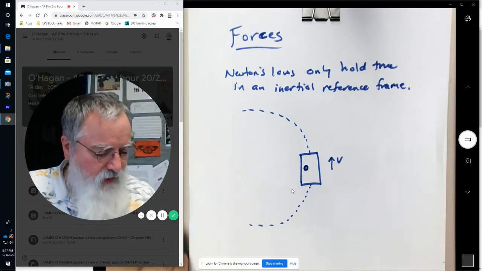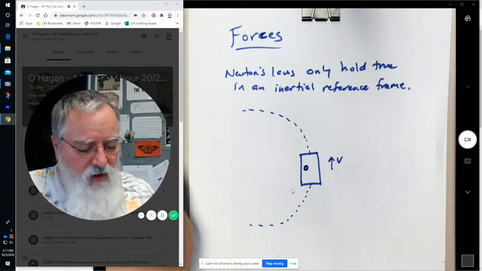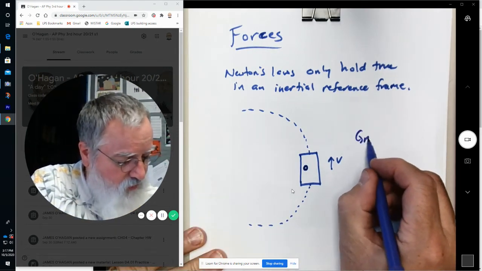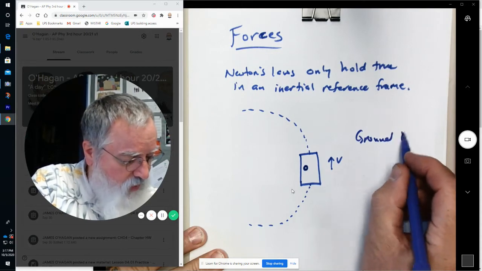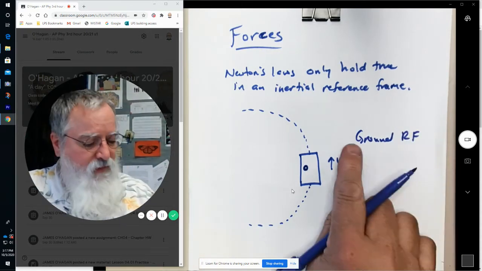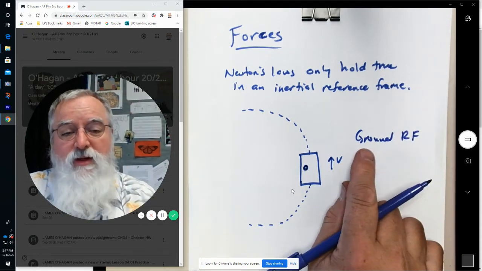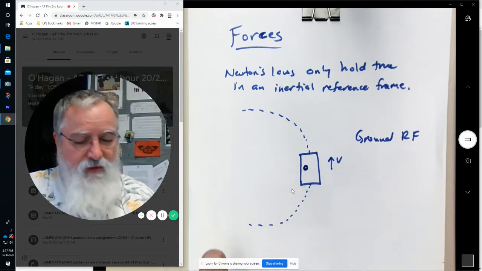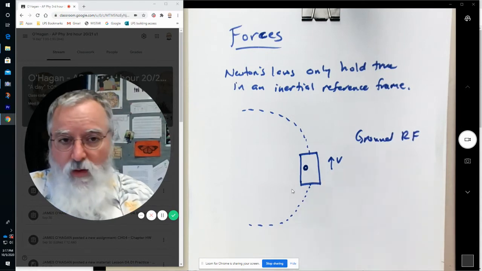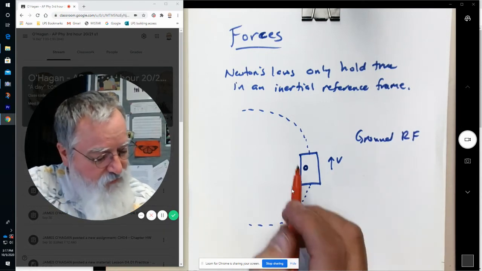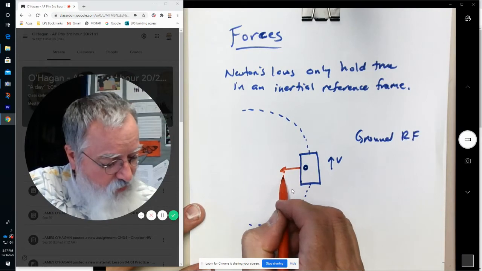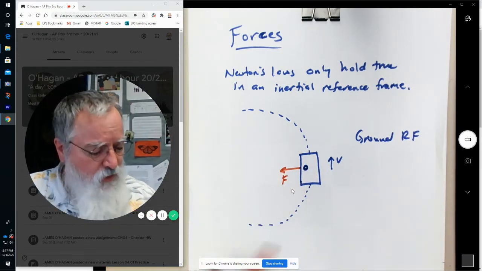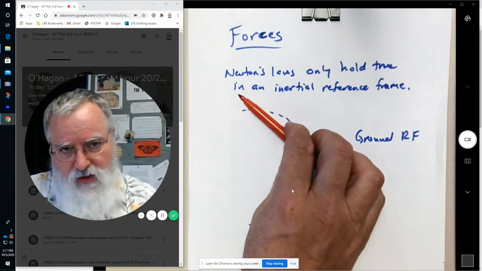Now, here's the dealio. From the ground's reference frame, RF, the ground's not accelerating, so that would be an inertial reference frame, and Newton's laws are going to explain what's happening. From the ground's reference frame, what we're seeing is there is a force on the car this way, probably because of the friction between the tires and the ground, which is causing it to change directions.